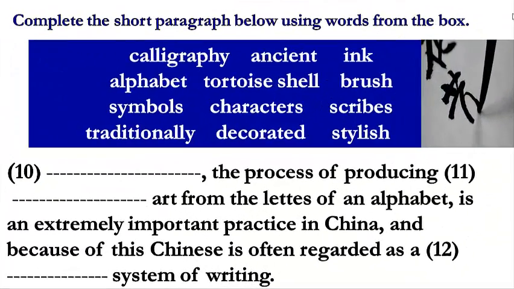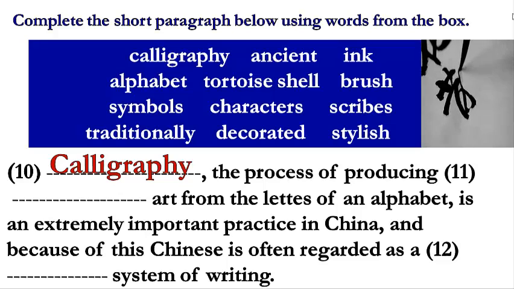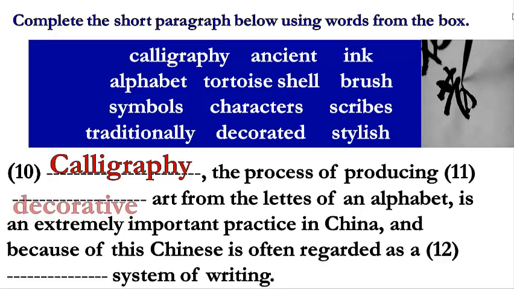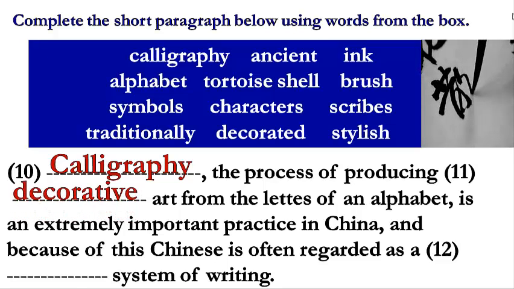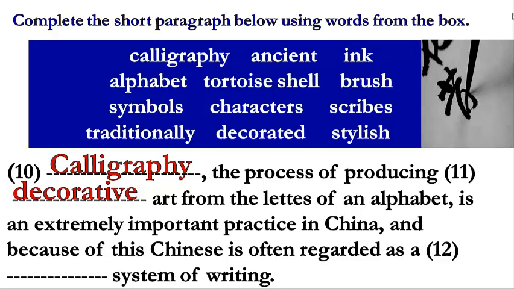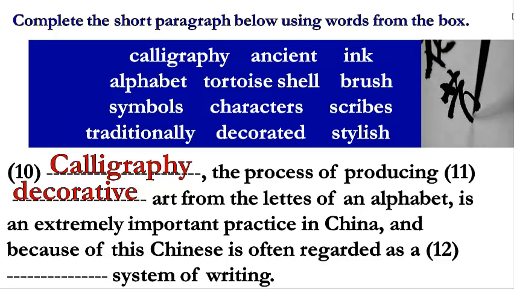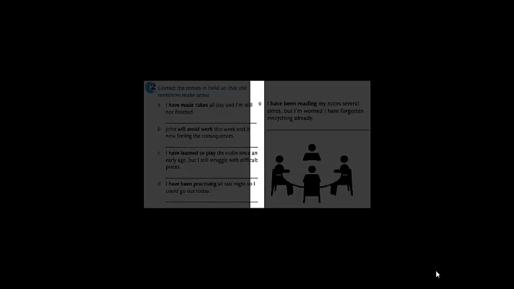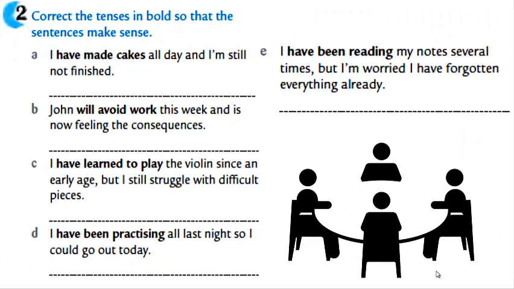And 10, calligraphy, the process of producing decorative art from the letters of an alphabet, is an extremely important practice in China, and because of this, Chinese is often regarded as a stylish system of writing. Let's move to the second question. Correct the tenses in bold so that the sentences make sense.